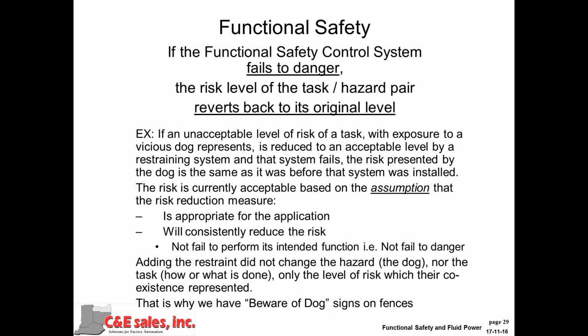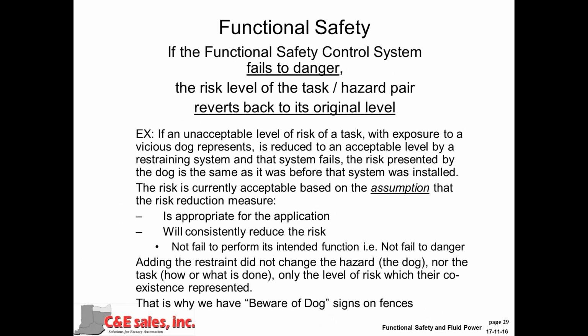So, again, if the safety function fails the danger, then the risk level reverts back to its original value. Take, for example, a task that is being performed within the reach of a vicious dog.